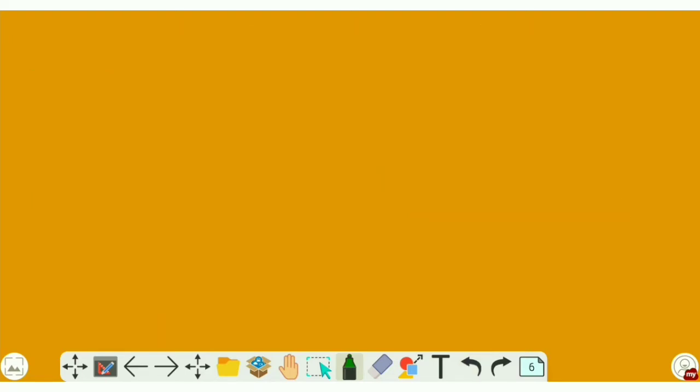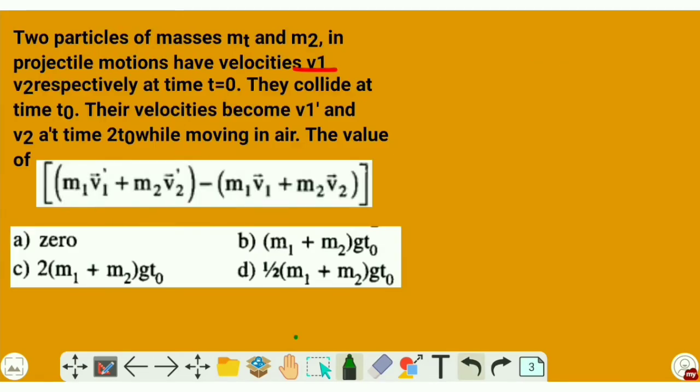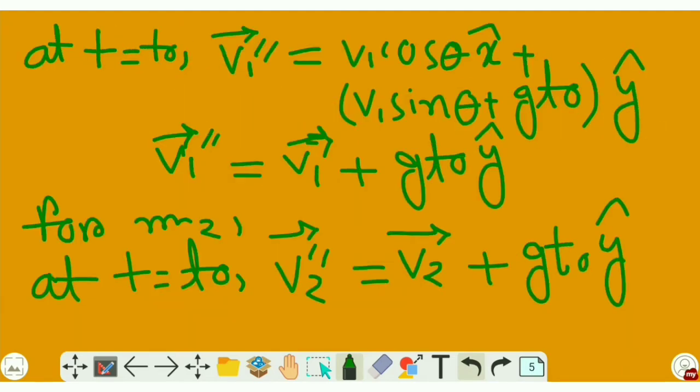Now what happens at t equals t0? They collide at time t equals t0.